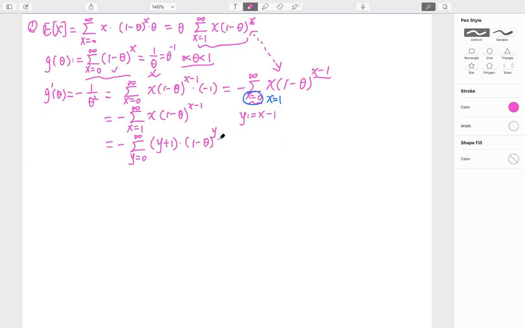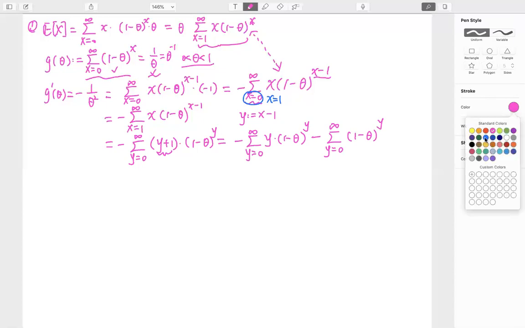Let me expand this: the sum over y from 0 to infinity of y times (1 minus theta) to the power of y, minus the sum from 0 to infinity of (1 minus theta) to the power of y. Now, if you want, you can change y back to x. That does not hurt anything.